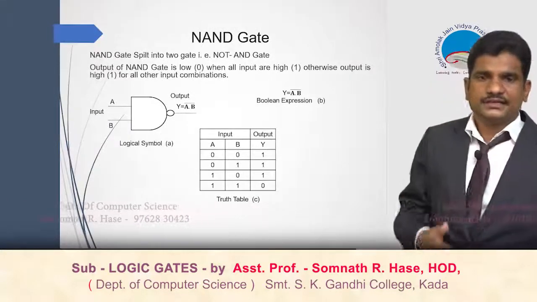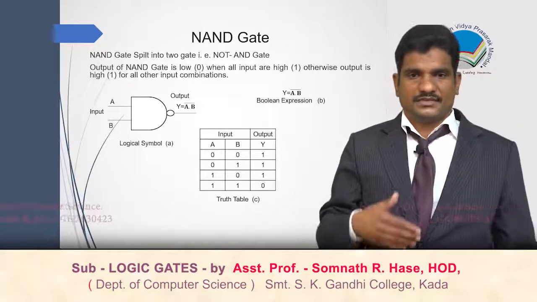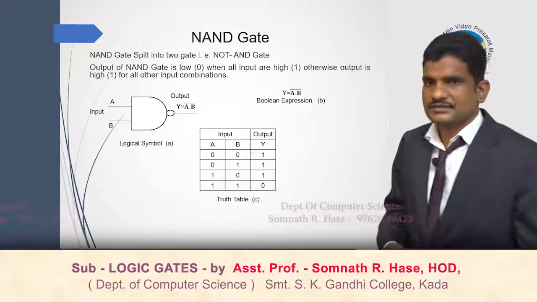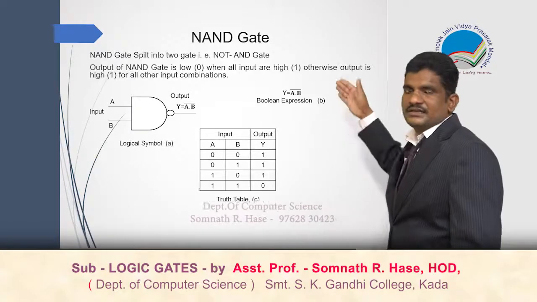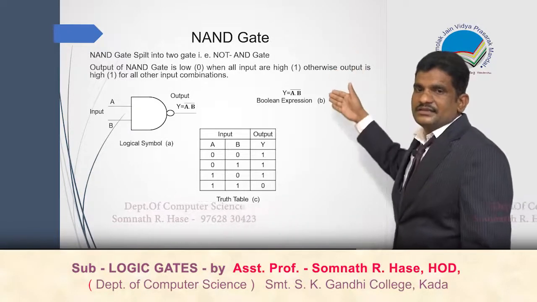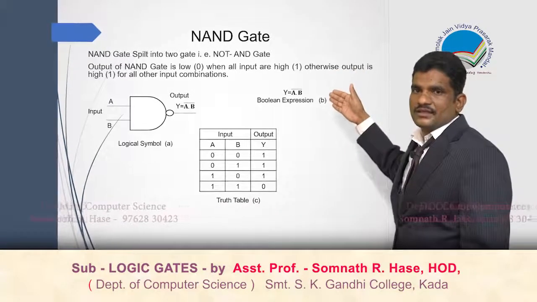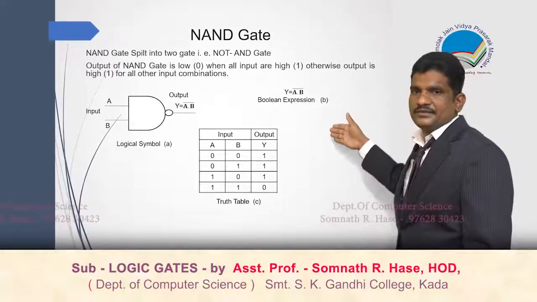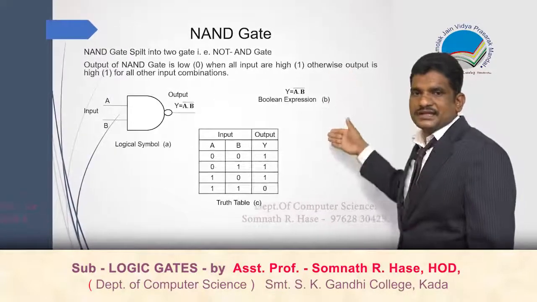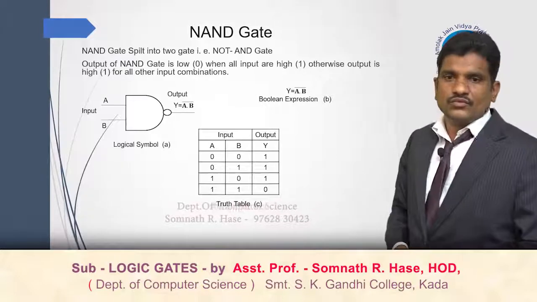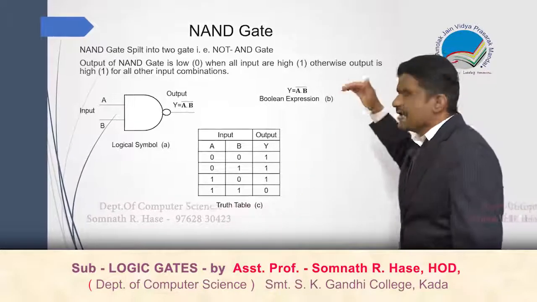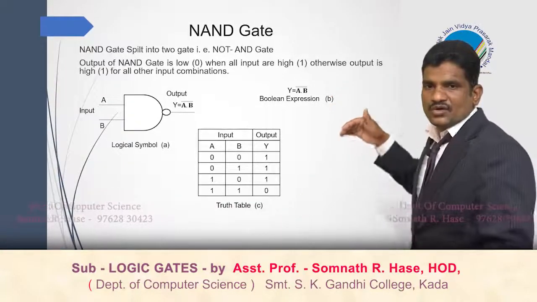After the OR gate, the next one is the NAND gate. This slide represents the NAND gate. In this gate there are two inputs A and B. The NAND gate states that only when both the inputs are 1, the output is 0.